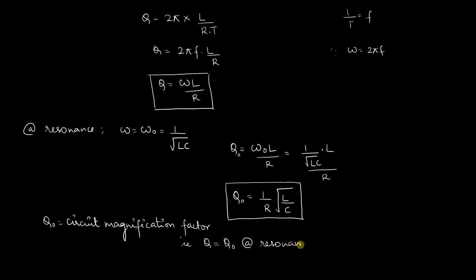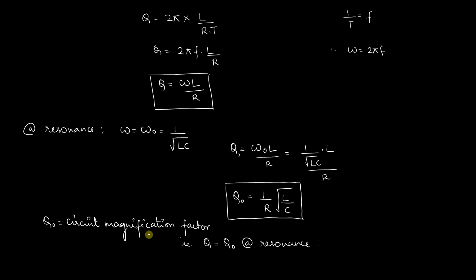Why it is called the circuit magnification factor, I'll explain later, because we need to finish the expression for the capacitor also. After that, together I will explain. But remember, at resonance this quality factor Q is equal to Q naught, and it will be termed the circuit magnification factor. Fine? Clear now till here?